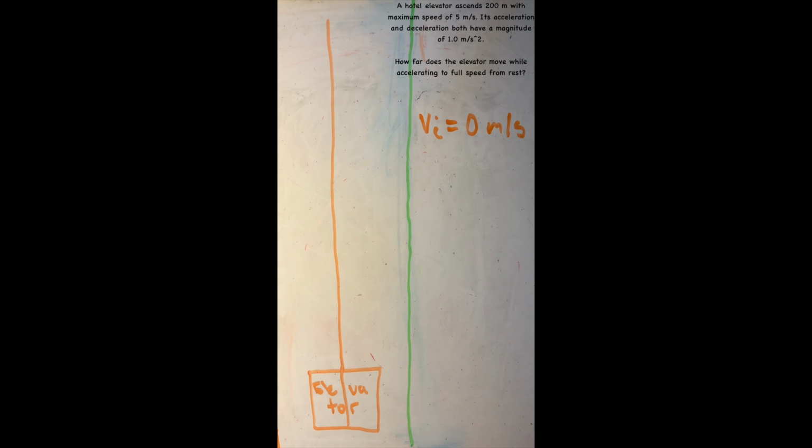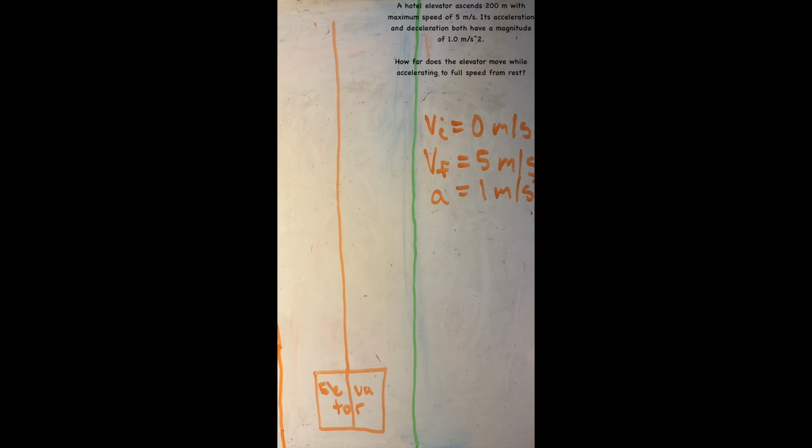Now, we know we want to find how far the elevator has traveled when it reaches full speed, and we know that the maximum speed the elevator reaches is 5 meters per second, so we will write down that value for our final velocity, so V final equals 5 meters per second. We are also given the information that our acceleration is 1 meters per second squared, so let's write that down. A equals 1 meters per second squared.